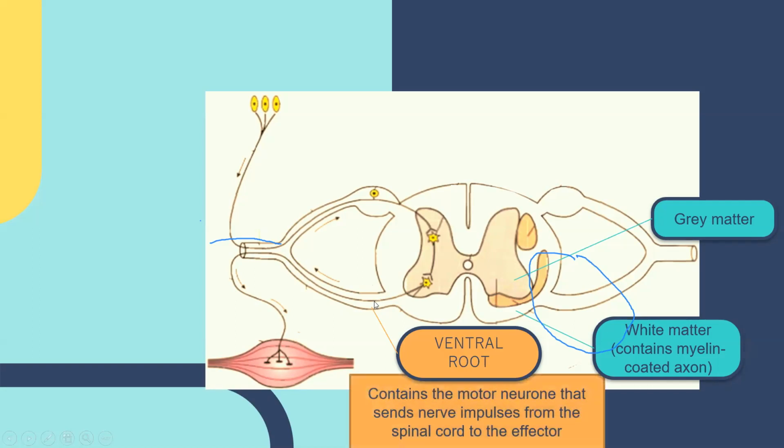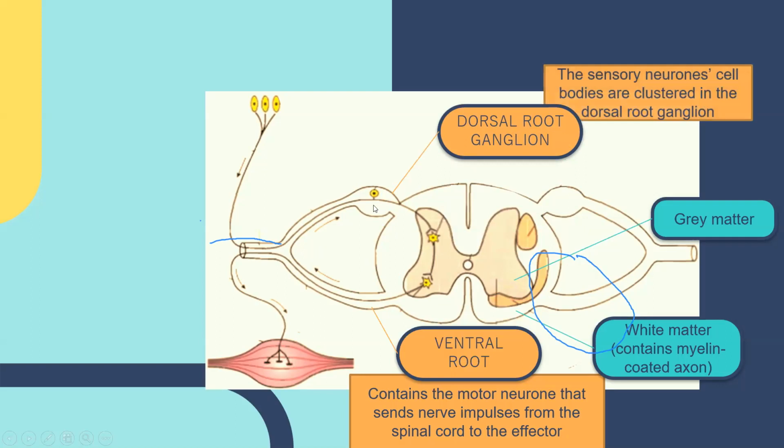Inside the ventral root, there is a motor neuron. The function of the motor neuron is to send the nerve impulse from the spinal cord to the effector, which is, for example, a muscle. Next, on the top one here, this is another root, but this root has a swollen part. This swollen part is known as the dorsal root ganglion.